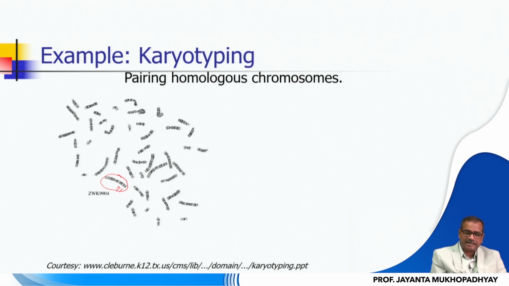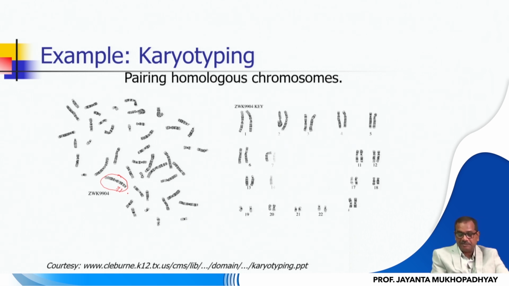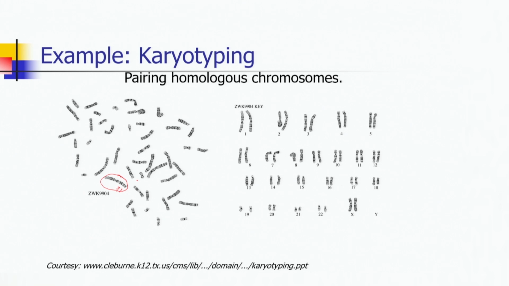That gives various clues to the biologists or doctors, clinicians, if there is any abnormality, if there are multiple copies, etc. So for the convenience of the doctors, one of the things we need to do is arrange them in some good order, with these numbers and also homologous pairs, because they occur in pairs, so they can be placed in this order.